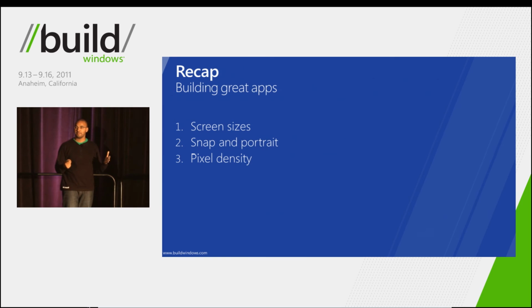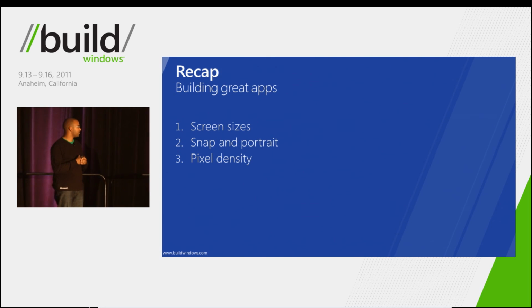For Snap, we can create great multitasking views that keep users engaged all day as they work and multitask between their other applications. And for pixel density, you can make beautiful, crisp applications on 1080p HD tablets and applications that will support the devices of the future.